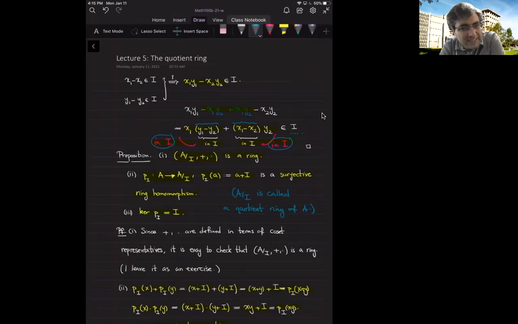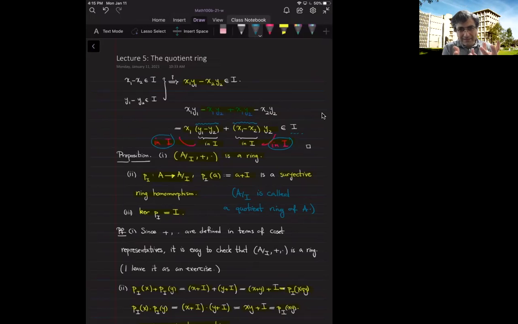Now it is rather easy to check that this set of cosets with these two operations, plus and dot, forms a ring. And why is it the case? Okay, we have already discussed that these are operations. The only thing that we need to show is the ring properties. Why do we have distribution? Why do we have associativity and so on? But if you think about it, the operations are defined in a way that we can just choose coset representatives and then do the operation.